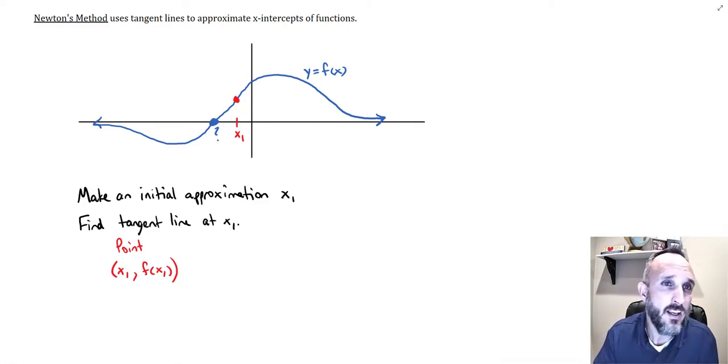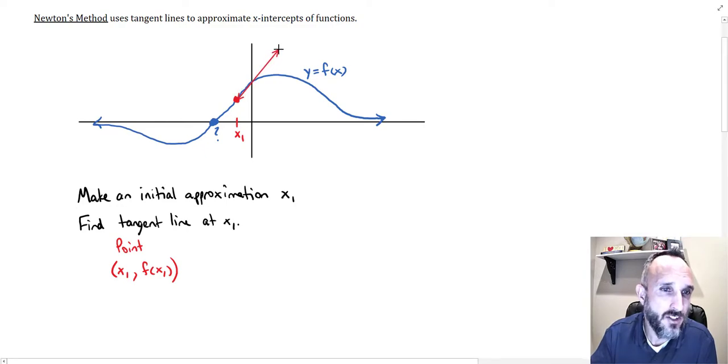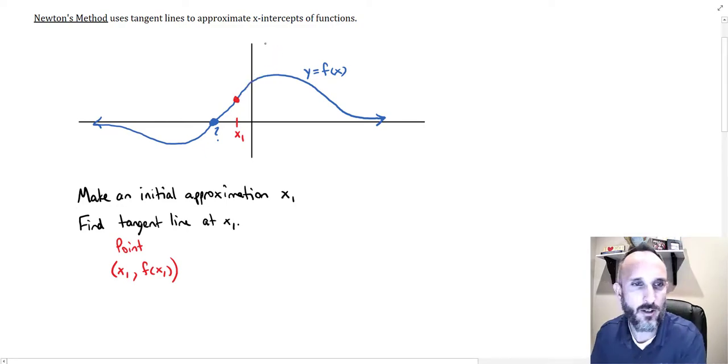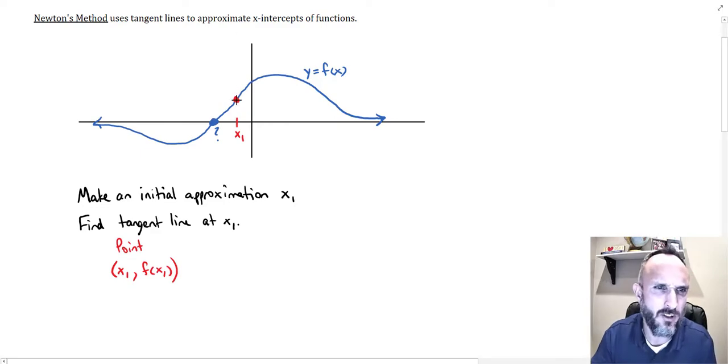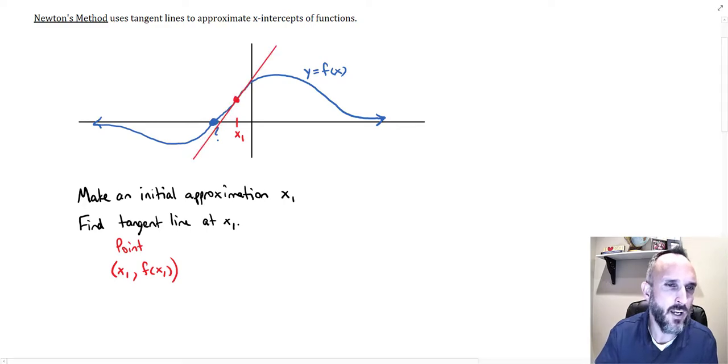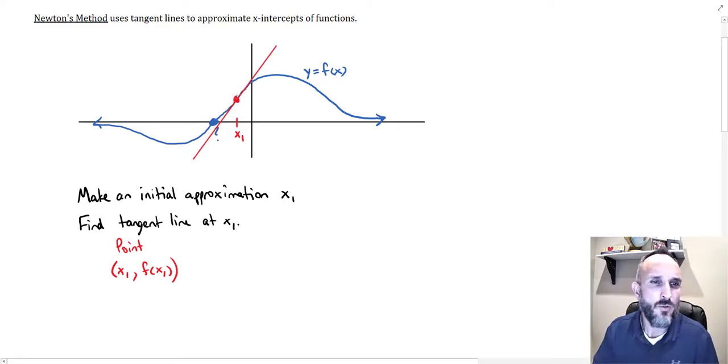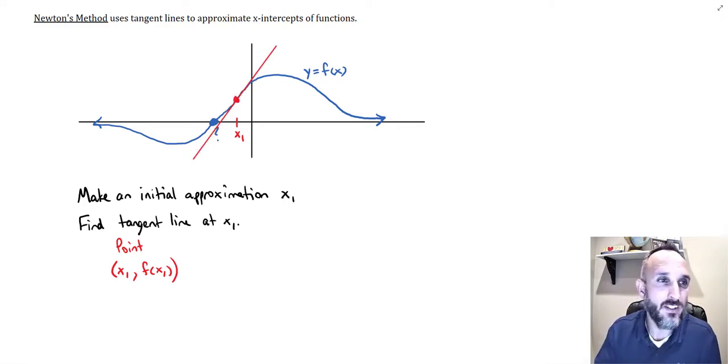Then, once you've got your point, you could imagine your tangent line. Let's not use arrows on the ends. The picture's going to get a bit cluttered as we do more of this, but you can imagine the tangent line might do something like this. And so we need to know what the equation of this tangent line is.